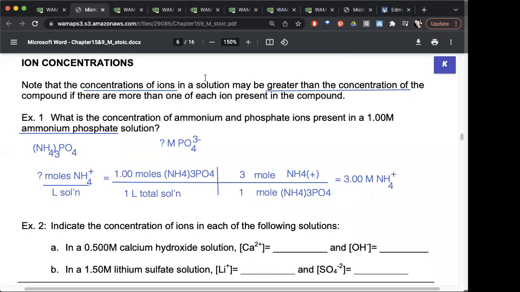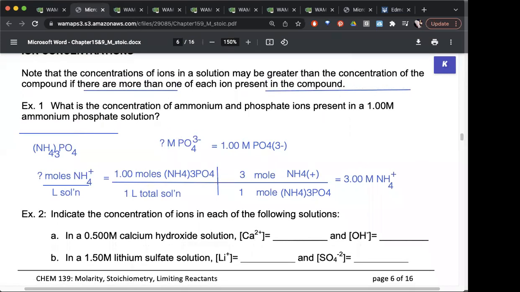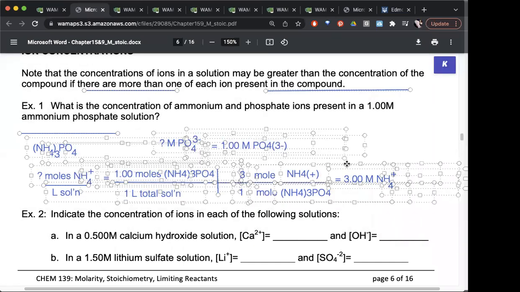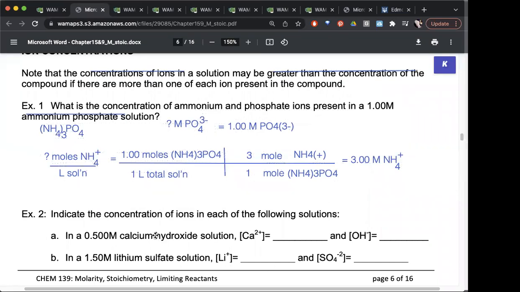So that's going to be equal to the 1.00 molar solution, PO4 3 minus, right, because they're 1 to 1. So we can apply that thinking to these other compounds as well, and that's why, in part, it's so important to know how to write your names and the neutral compounds.